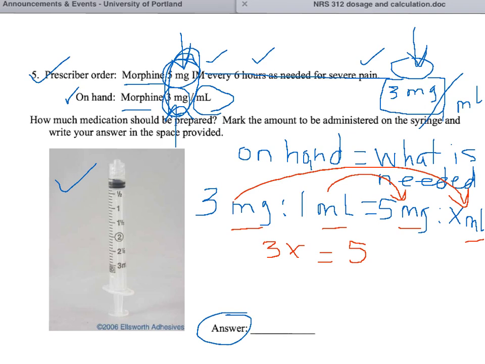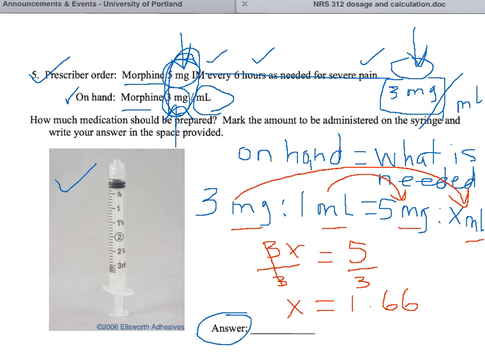Now, using algebraic processes, you want to isolate the x. So in order to isolate the x, you have to divide this side by 3, and that means you also divide that side by 3. This crosses out. Now you have x equals what? Well, if you divide 5 by 3, you get 1.66. 1.66 what?